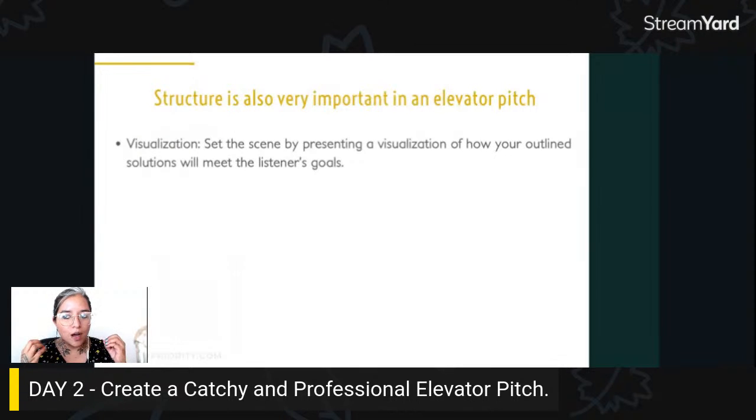You have to allow them to see what would happen if they listen to you, if they hire you, if they work with you, or whatever. Okay, so visualization is amazing because it's like you are making yourself a participant of their lives, of what's going on, of what's happening. You're making it possible for them.